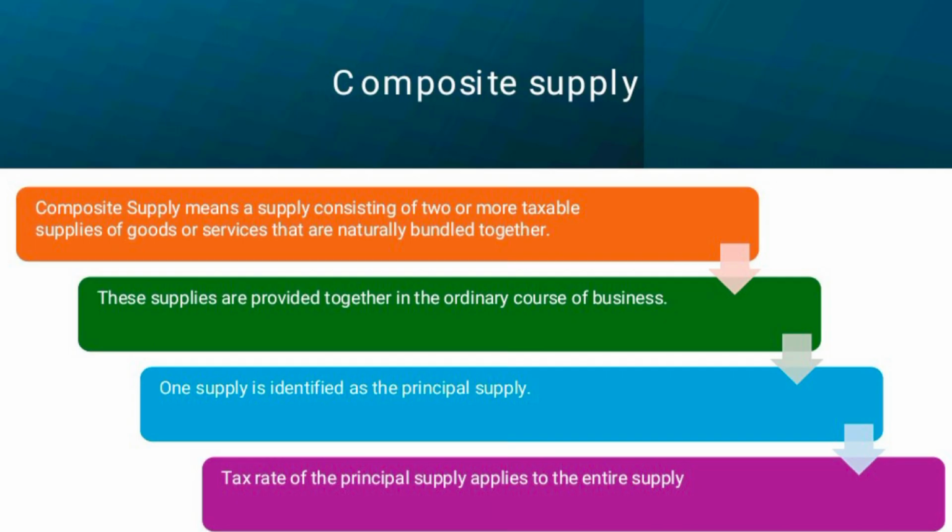The tax rate which is applicable to the mobile will be applicable to the whole item. Mobile is the principal item, and the rate of tax of mobile will prevail because mobile is the principal item. Clear?